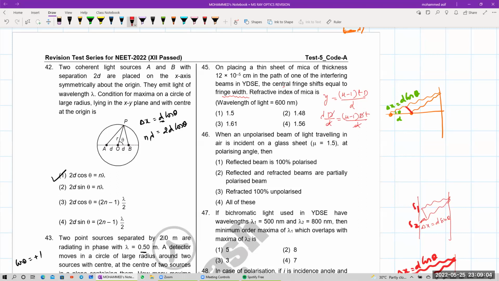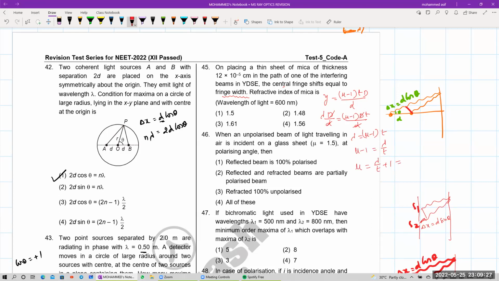This capital D will get cancelled. Is anything else cancelling? Look beta, there mu minus 1 into t will be equal to lambda. Refractive index is being asked, so we need to calculate the refractive index. That is, mu minus 1 will be equal to your lambda by your t. That is, mu value will be equal to lambda by t plus 1.